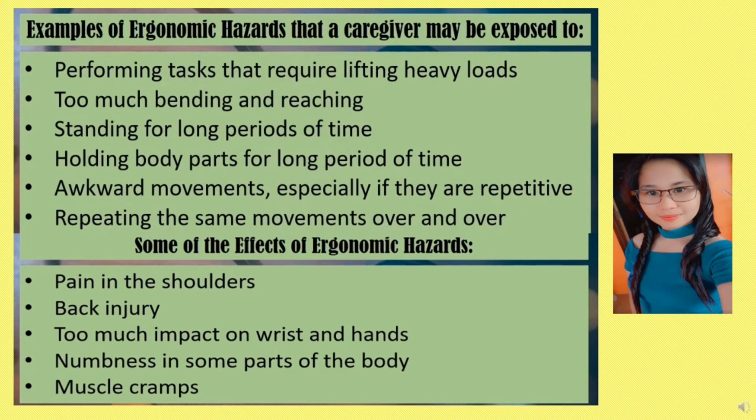Pwedeng mamanhid din yung kamay mo or other part ng katawan mo. At yung muscle mo pwedeng mag-cramps. Dahil pag ginawa mo yung pagbubuhat, pagbe-bend, pagtayo ng sobrang tagal, dun nagkakaroon ng mga side effect.